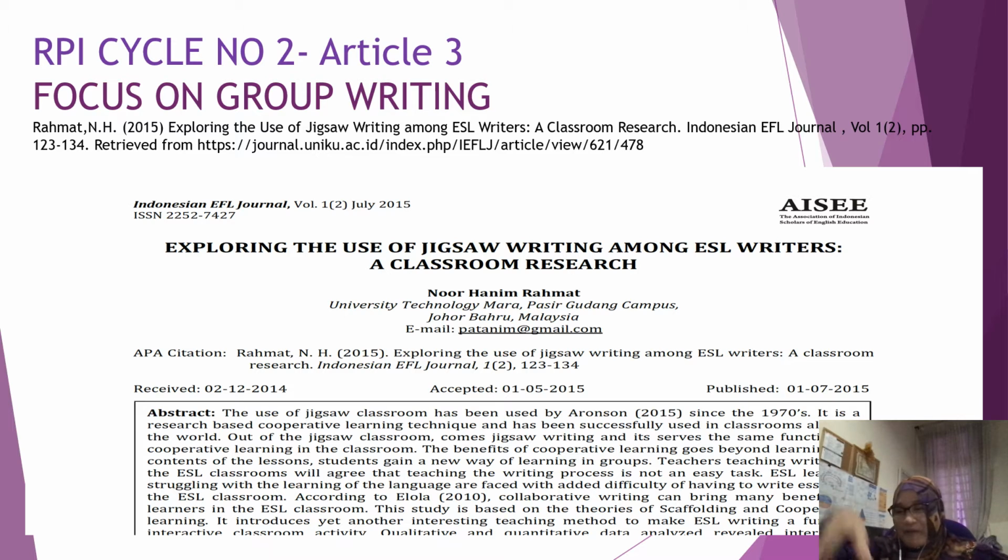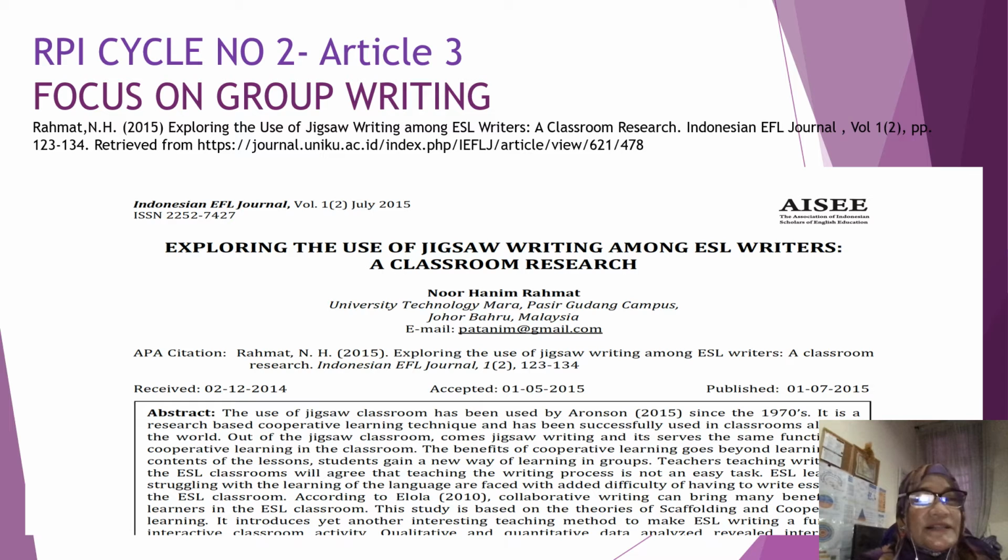There will be 5 people in a group, and out of the 5 people, one person will only write one paragraph. One person writes the intro, 3 people write the 3 main ideas, and the last one writes the conclusion. So that is actually a jigsaw puzzle. So that becomes my jigsaw writing, and I wrote another paper on it. So that's for RPI cycle number 2.